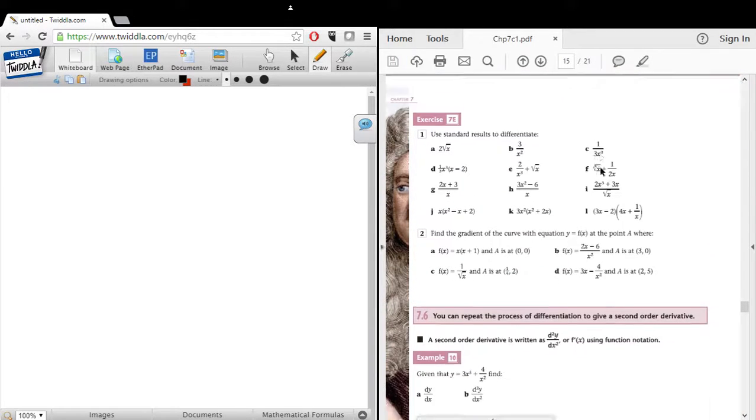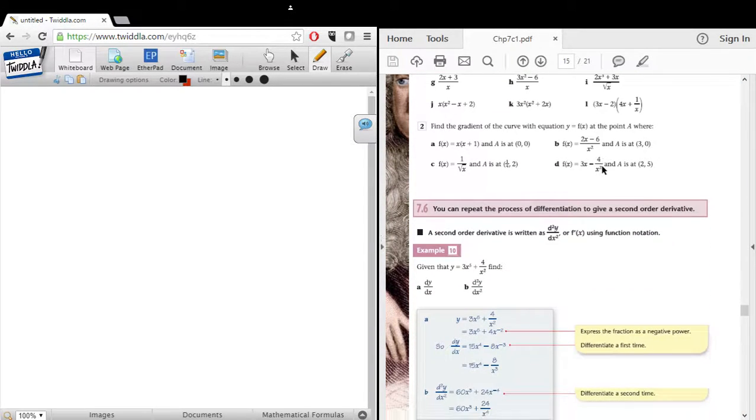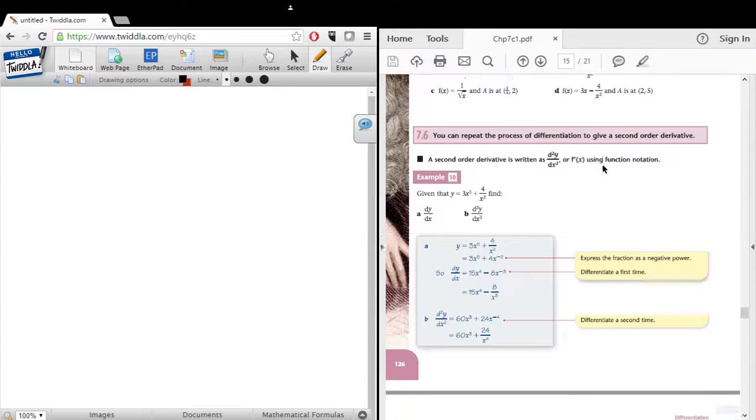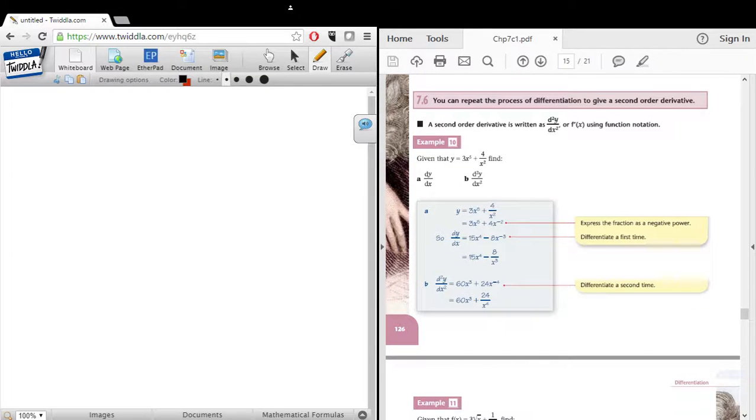Just carrying on, we have exercise E that you can do in your own good time. You can repeat the process of differentiation to give you a second differentiation. So we know that f(x) equals y. This is a function with respect to x, which gives you y, and dy dx equals f dash x.